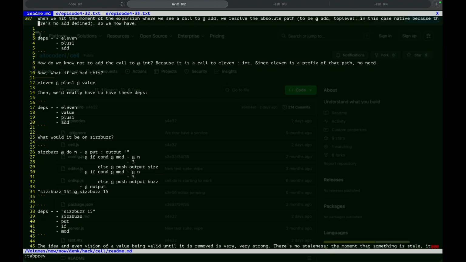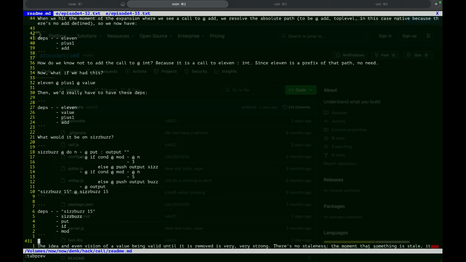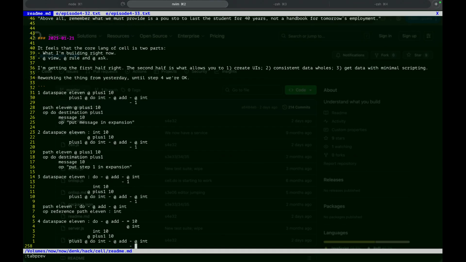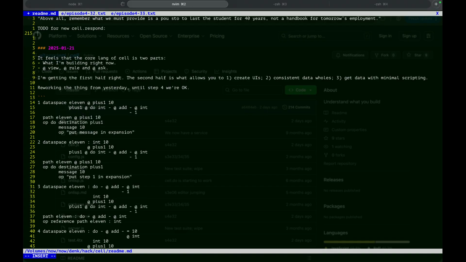So I think the order of the day here is to look at how we would build those dependencies as part of the process of cell respond. Because what's left to do for a new cell respond is to figure out how to build the dependency graph.